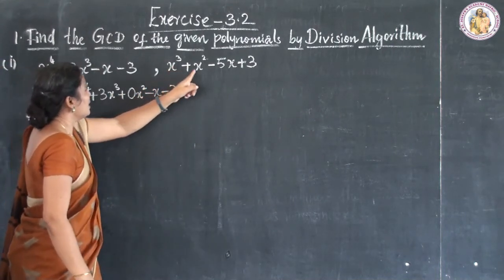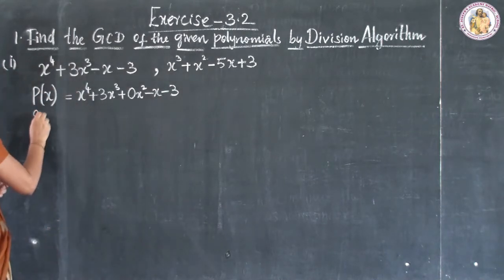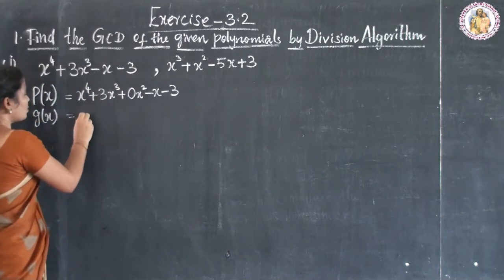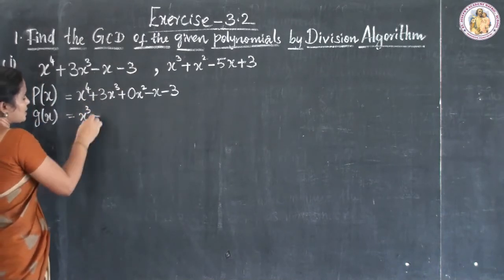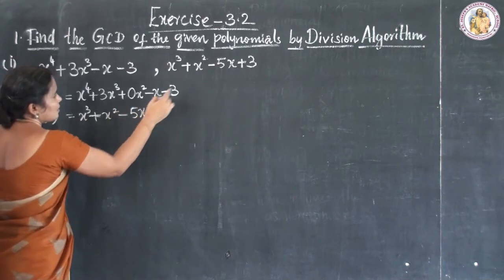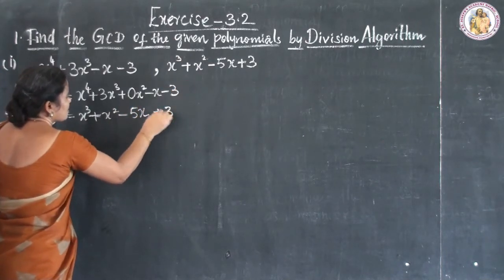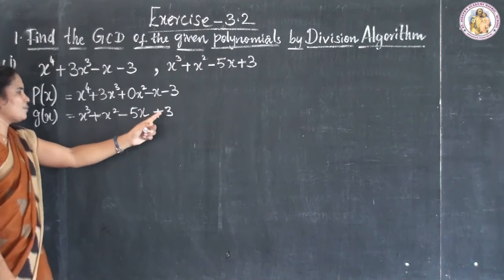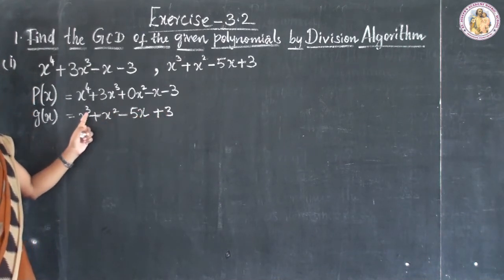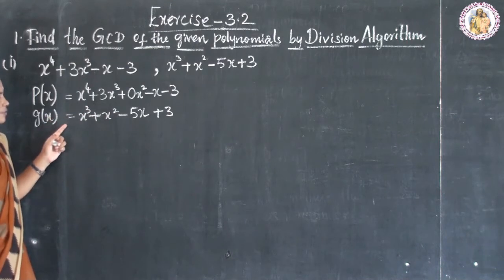And taking the next polynomial as g of x, g of x is equal to x cube plus x square minus 5x plus 3. Check whether it is in standard form: constant, power 1, 2 and 3. So it is in proper standard form.